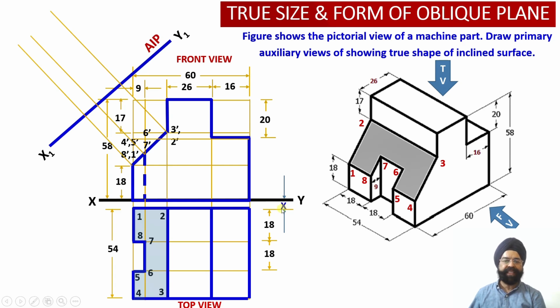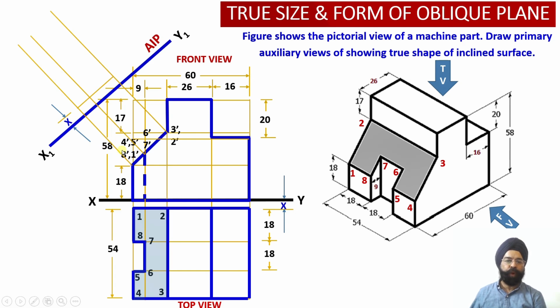This distance x will be transferred onto the auxiliary inclined plane, and I am going to draw a projection line parallel to this x1 y1 auxiliary inclined plane. And the moment I draw this projection line parallel to AIP, I am able to identify these 2 points, point 1 and point 2. Point 1 is at a distance x from the vertical plane. Point 2 is also located at a distance of x from the vertical plane.